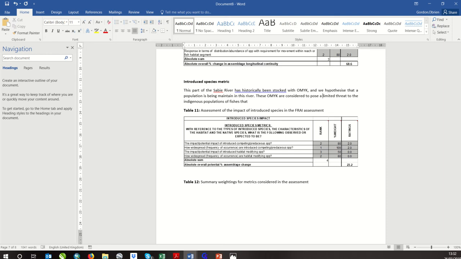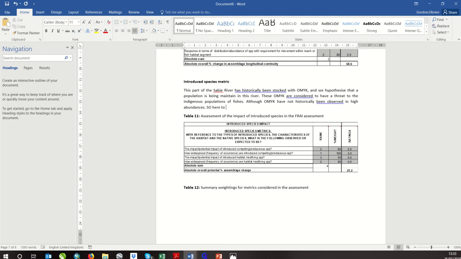They are considered, I'm not going to say limited, I'm going to say they are considered to have a threat to the indigenous populations of fishes. Although OMYK have not historically been observed in high abundances.